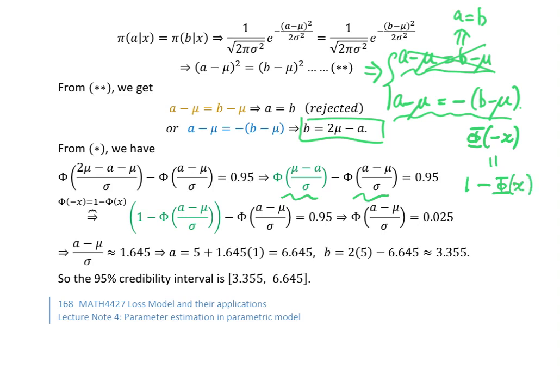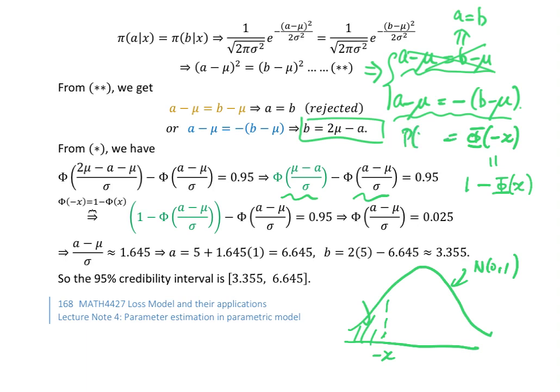Why? The reason here is, remember, Φ is what? The CDF of a standard normal. Now Φ(−s) is just the probability that Z is less than or equal to −s, right? So this is what Φ(−s) is about.